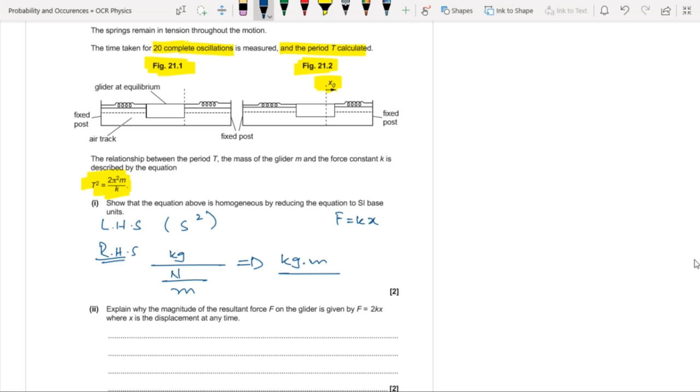Force is mass times acceleration, newtons, kilogram meter per second squared. Kilogram would cancel with this kilogram, a meter would cancel with this meter, and we would be left with second squared. So the SI base units on the left hand side and the right hand side are consistent. So this equation is homogeneous.